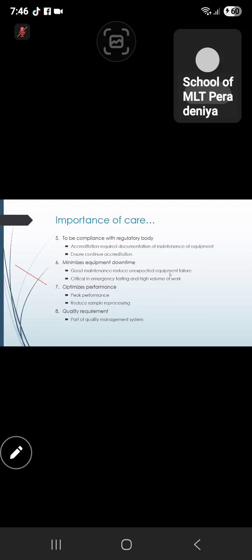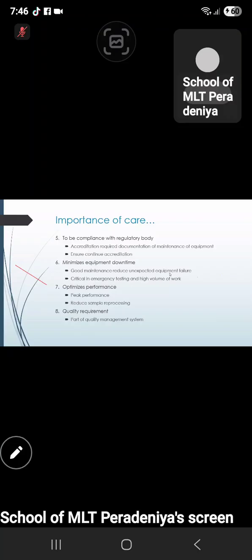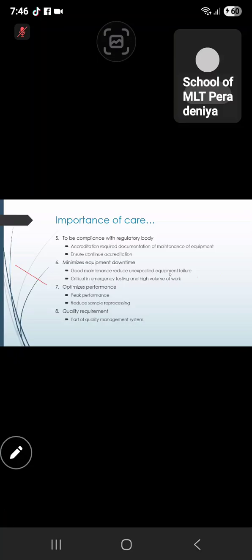If we are looking at accreditation or any regulatory purposes, it is a requirement to maintain documents of maintenance of the laboratory equipment. That is for the credibility of our laboratory. That is one other main reason why we need to do care and maintenance of equipments.